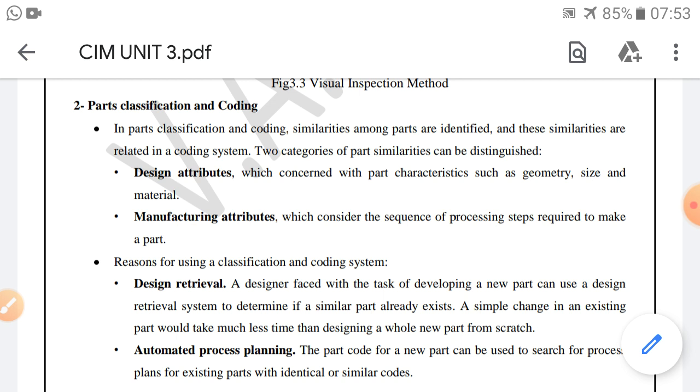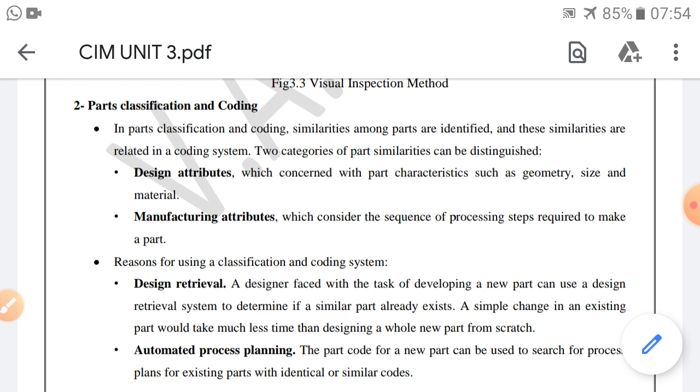Once you give the proper coding, the second time the same component comes, identification becomes much easier. That's why we have to give the proper classification and the proper coding here.